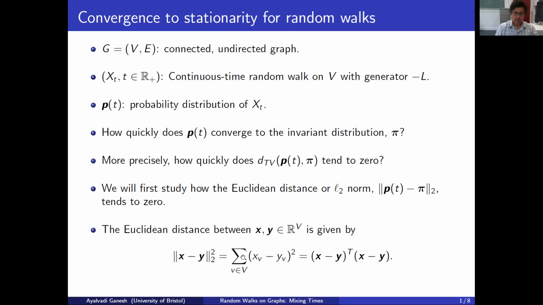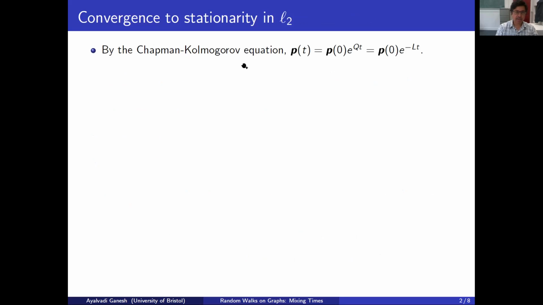Okay, so we want to ask the question of how quickly does the Euclidean norm of the vector P(t) minus pi converge to 0? And let's start by writing down P(t) explicitly. It's related to the initial condition, the starting distribution at time 0, as follows.